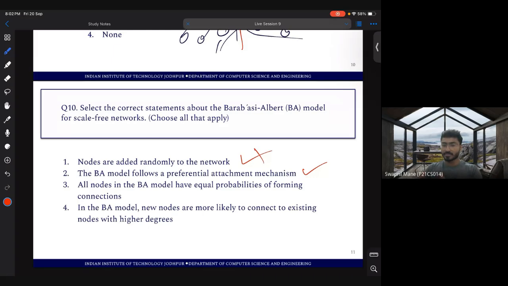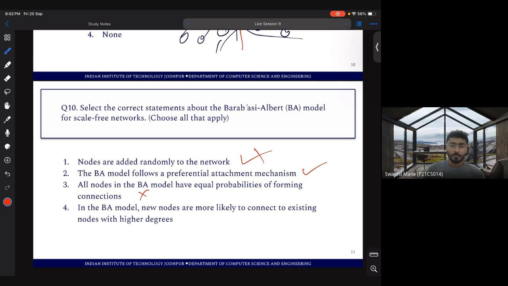In random graph generation, we give n and p. That p, this probability, gives equal probability of forming connections between the nodes. So it is not true for the Barabasi-Albert model for real-world graph generation. This is a real-world graph that defines preferential attachment, right?